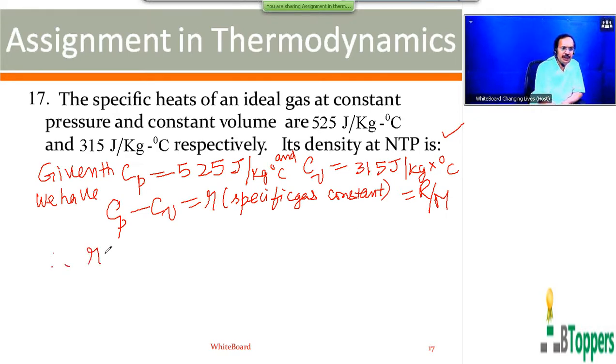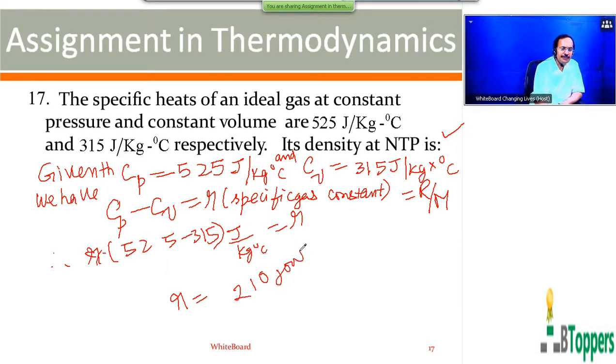Therefore you get 525 minus 315 joule per kg per degree centigrade is equal to small r. Of course, change in temperature on the centigrade scale is numerically the same as change in temperature on the Kelvin scale. So the value of small r can be written as 210 joule per kg per Kelvin.